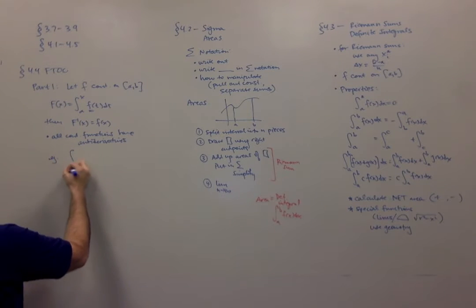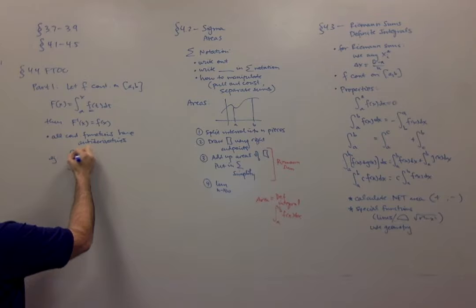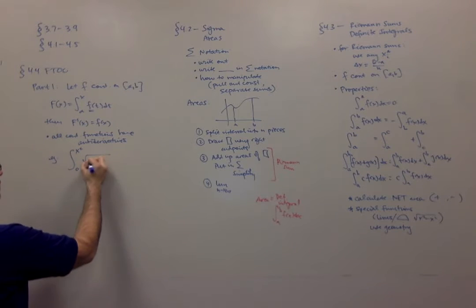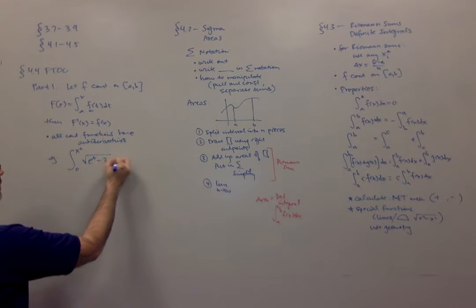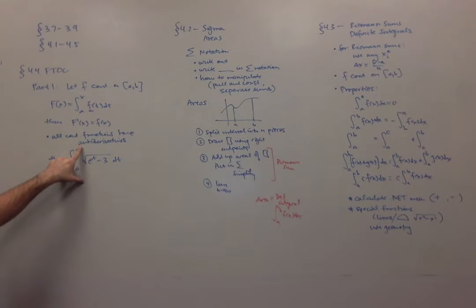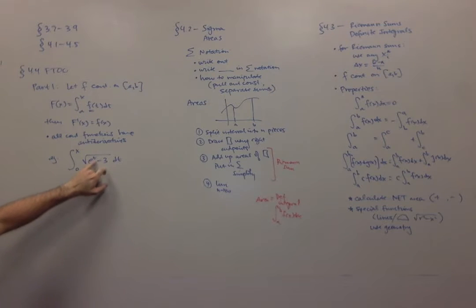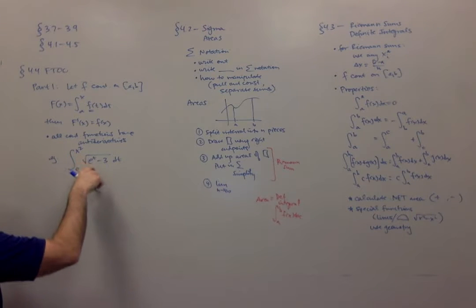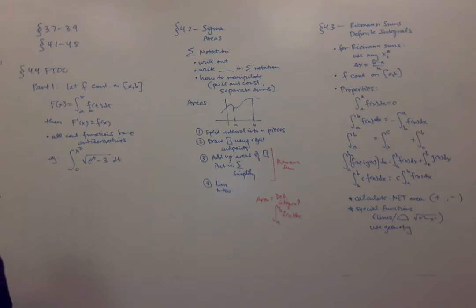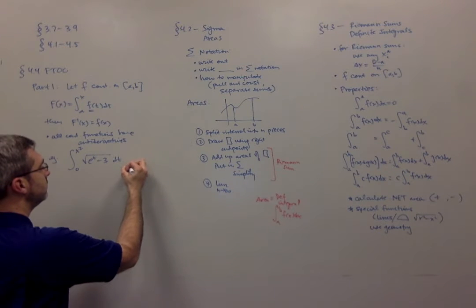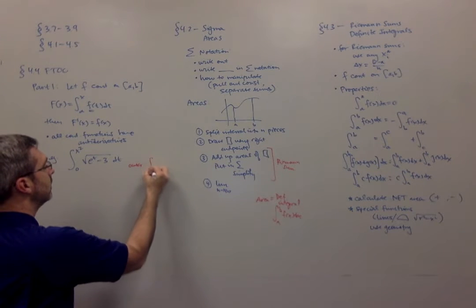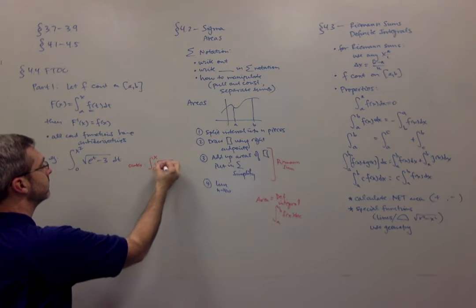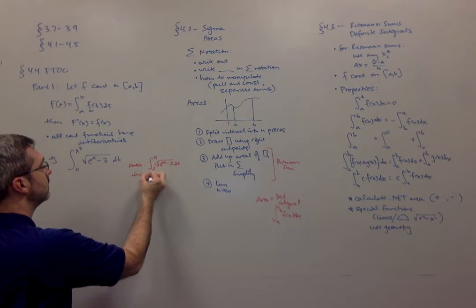The only thing to remember on this is that if I ended up giving you something that was like from 0 to x squared, if this was just x, the derivative of this integral would be the square root of e to the x minus 3. Just take x and stick it there. If you have x squared here, then you actually have a chain rule going on, where you have an outer function like this, and an inner function of x squared.